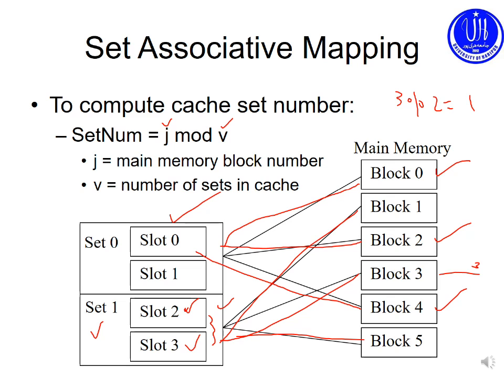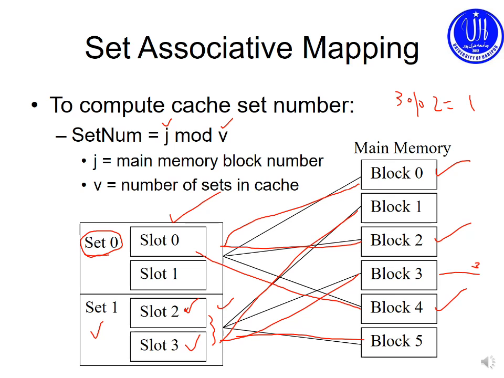So this is called two-way set associative. If the number of lines in each set is 3, it is called three-way set associative. If it is 4, it is called four-way set associative. So way associative means the number of lines in each set.